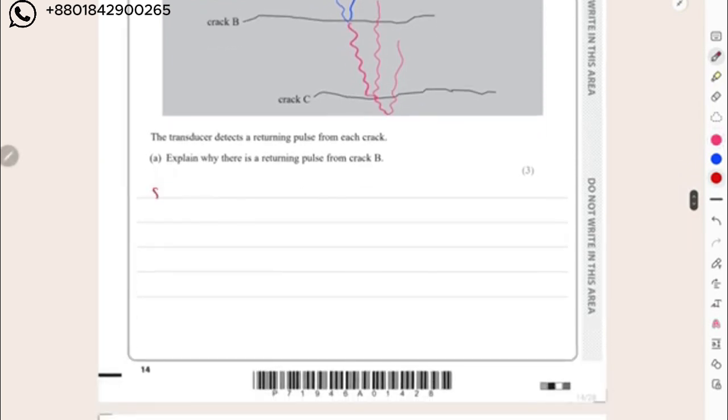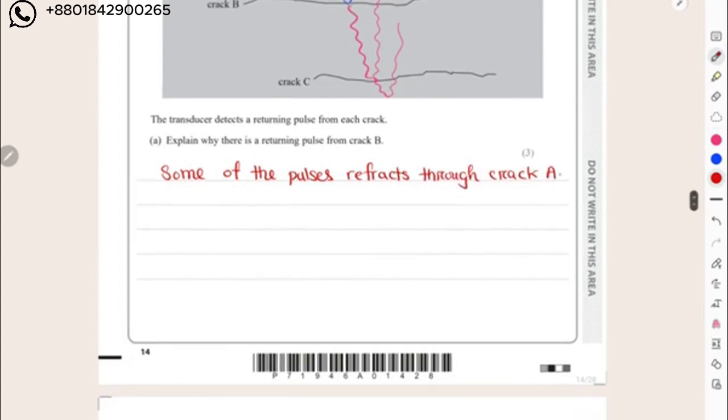So we'll write that some of the pulses refract through crack A, and those refracted rays will be reflected from crack B. Let's also write that because there is a change in medium, because they are giving 3 marks, right?